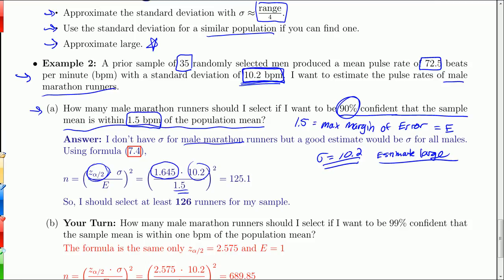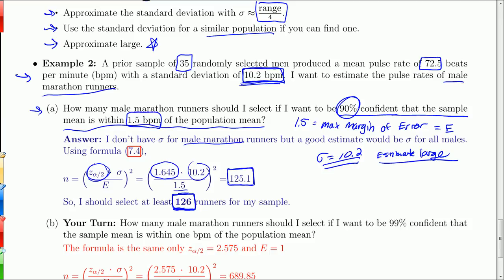1.645. So I plug all that into my calculator. I get a minimum sample size of 125.1. So I need to have at least 125.1 marathon runners in my sample. But if I have to have at least 125.1, I need to select at least 126.